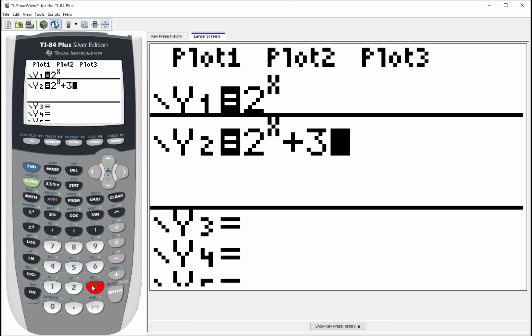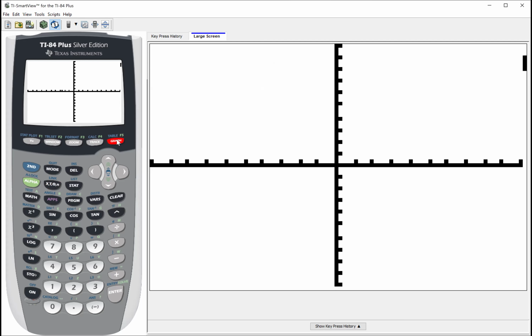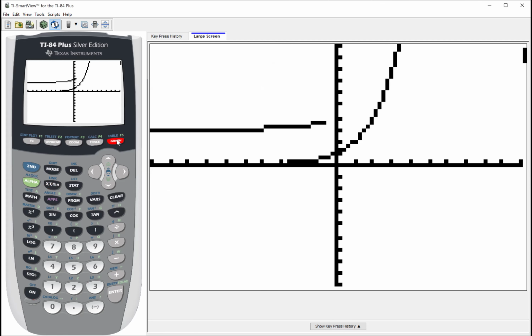So 2 to the x plus 3 should be the graph of 2 to the x, but shifted vertically 3 units upwards, right? So there's 2 to the x. And now the second graph, which has increased by 3 units, now goes through the point 0, 4, and is the graph of 2 to the x plus 3. So the point is these transformations apply to exponential functions as well.